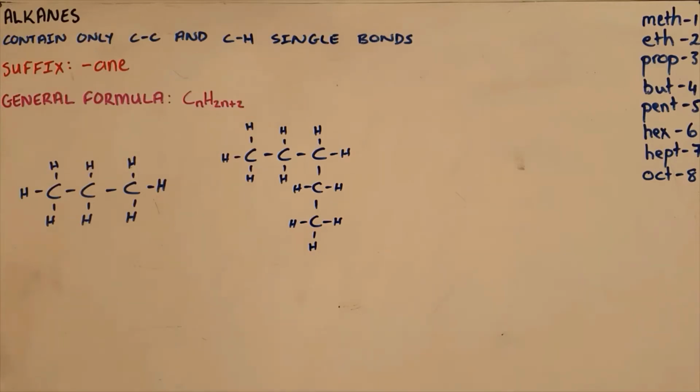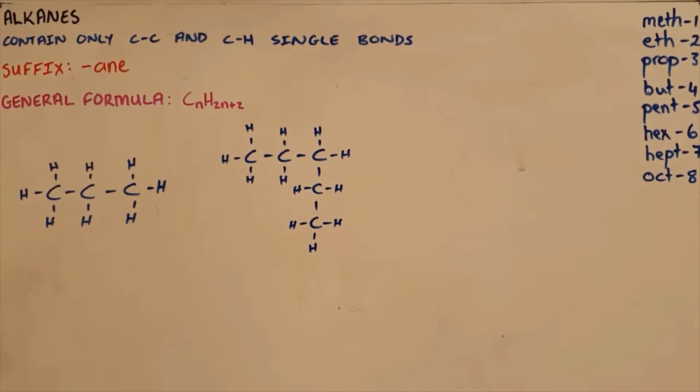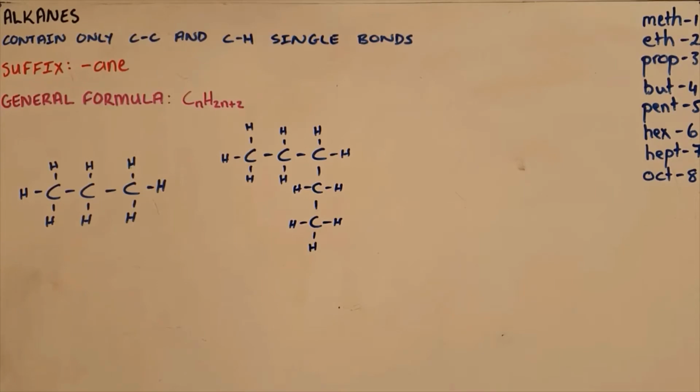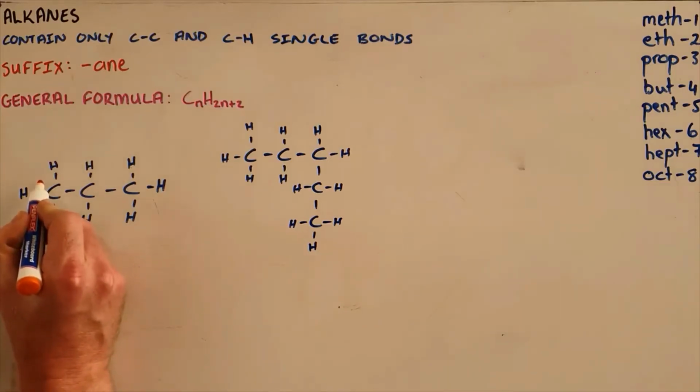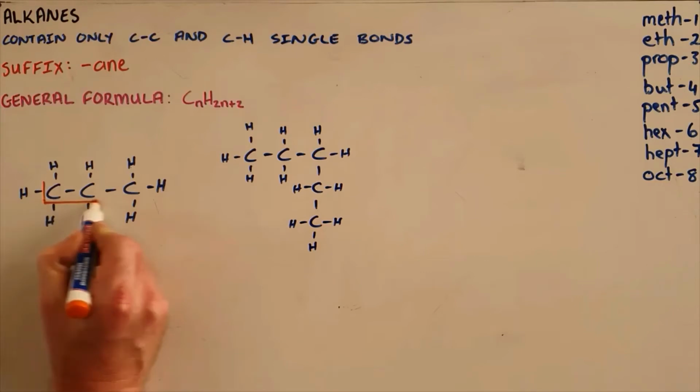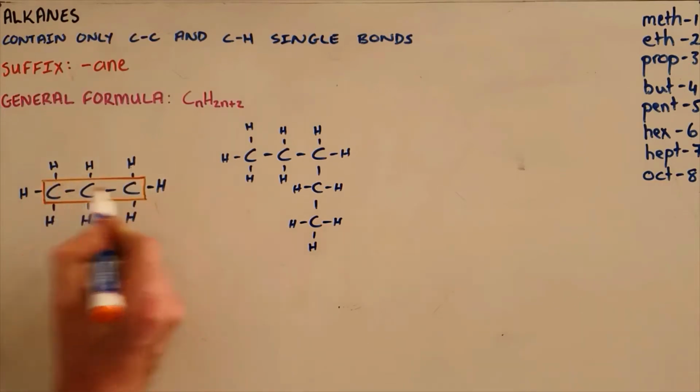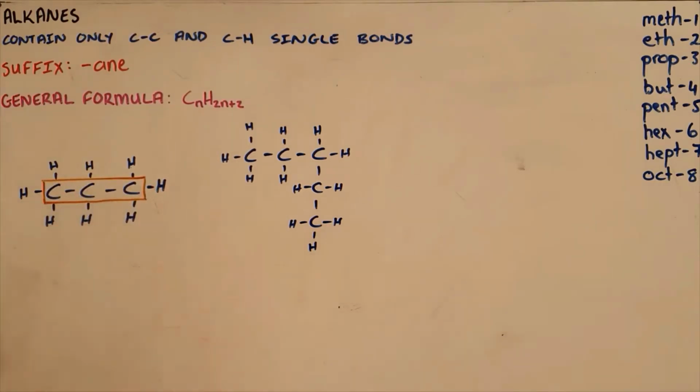Alkanes are the simplest organic compounds, as they contain only carbon-carbon single bonds and carbon-hydrogen bonds. Any substance that is identified to be an alkane will get the suffix -ane and be described by the general formula CnH2n+2. So the way that we would name an alkane is you start by identifying the longest chain in the molecule, and here we can see that the longest chain in this molecule is made up of 3 carbons.